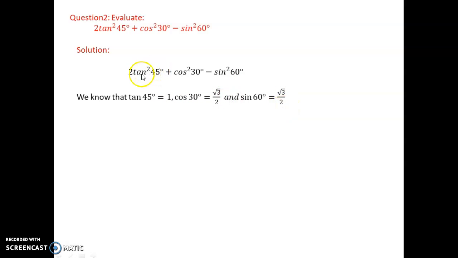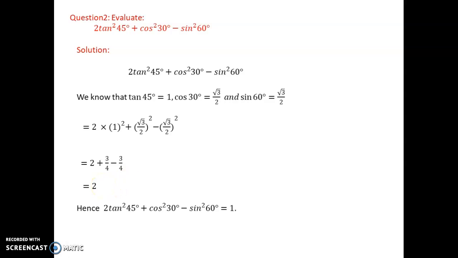So we put 2 times 1 square plus root 3 by 2 whole square minus root 3 by 2 whole square. We substitute and simplify it. 2 into 1 will be 2, root 3 by 2 square will be 3 by 4 and root 3 by 2 square will be 3 by 4. Plus 3 by 4 minus 3 by 4 cancel out and we remain with the value 2. So the value of this trigonometric expression will be 2.